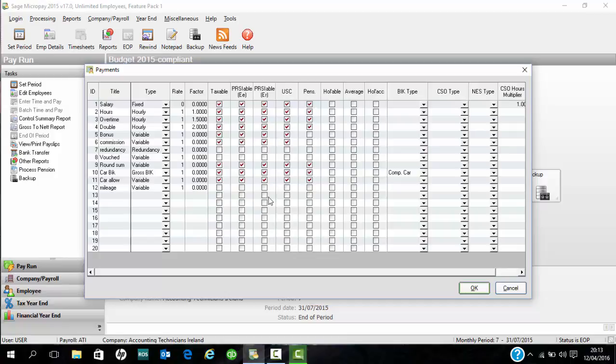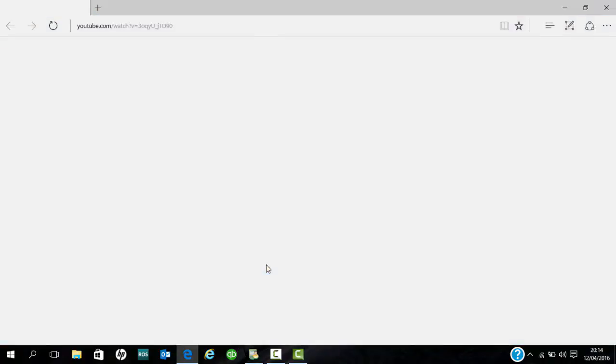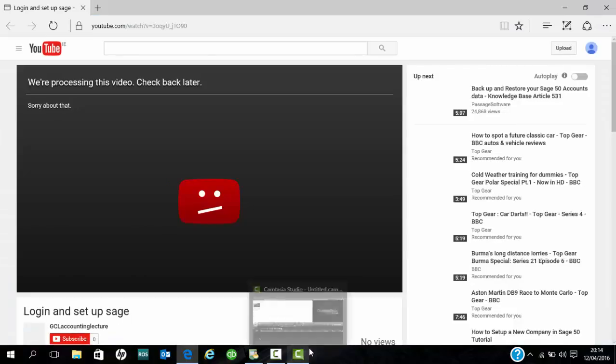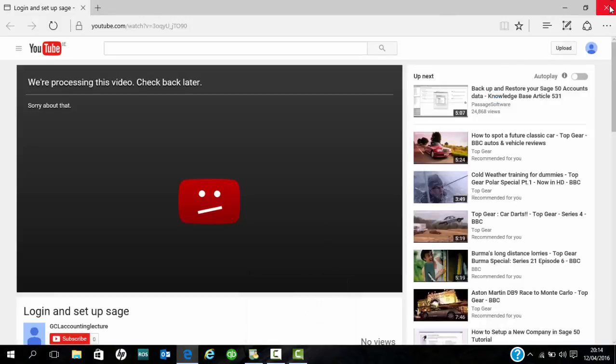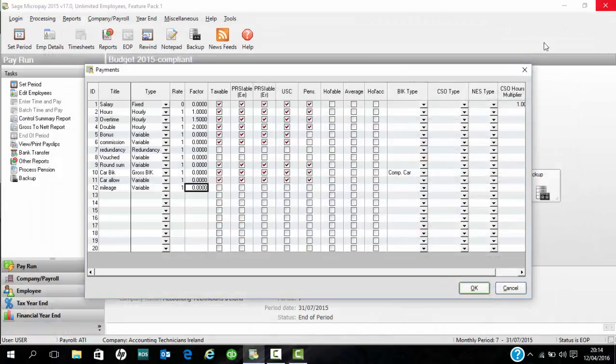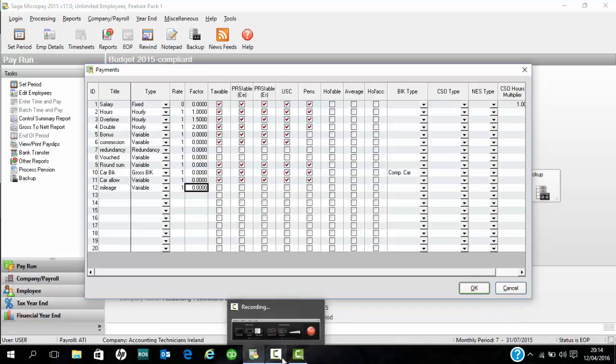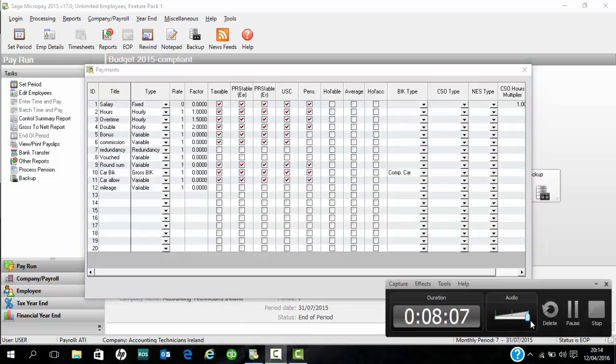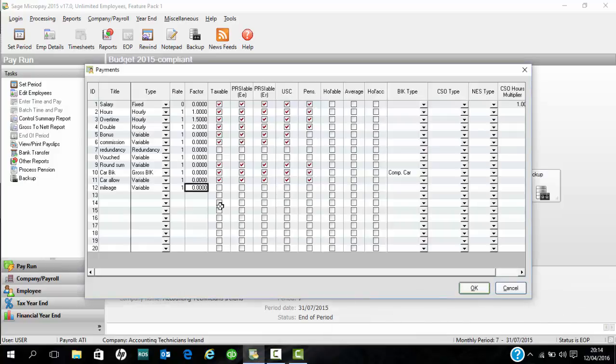If, however, it's a situation that you do not follow those schemes or do not have approval from Revenue, then you're going to have to look at the whole issue.